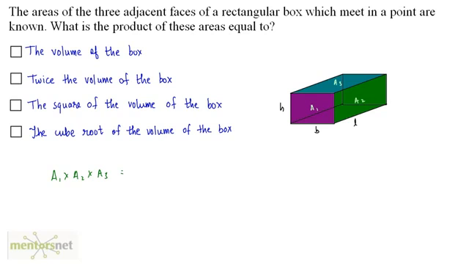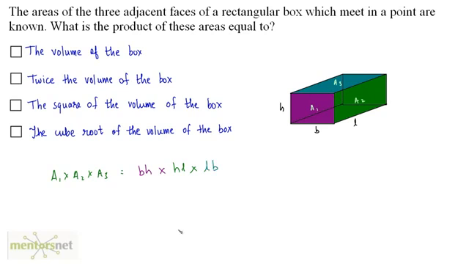Now what is the value of A1? Well, it is B times H, isn't it? So I can write this as BH times, we have A2. What is A2? Well, it is L times H. So this is HL times, we have A3. Well, A3 is basically L times B. So we have LB.